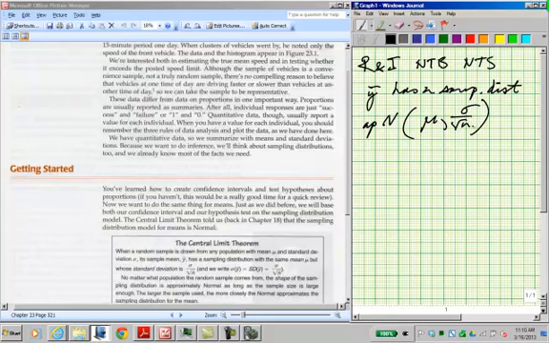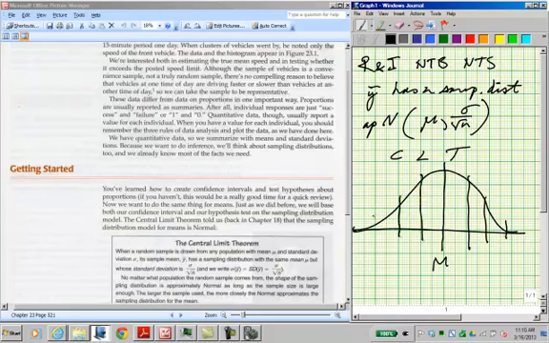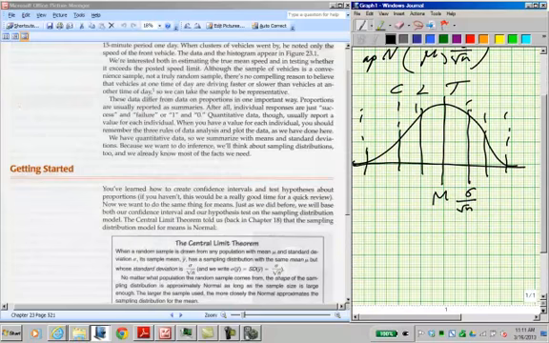Now we don't know what mu and sigma are, but this is the central limit theorem again. We've run into this before, and it states that all y bars will distribute normally according to the 68, 95, 99.7 rule, as long as they're random and independent, not too big, not too small, and the same size.